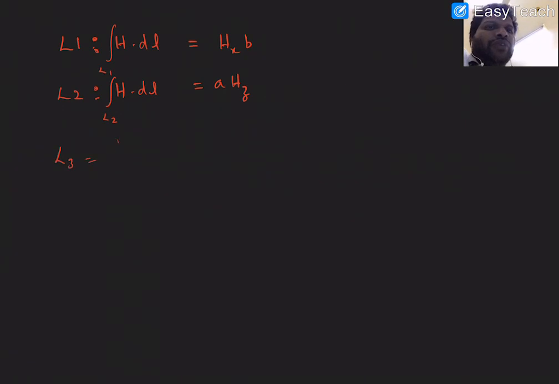So the integral over L3, H dot dl, will be equal to Hx into B. Hx into B, okay, it's clear.